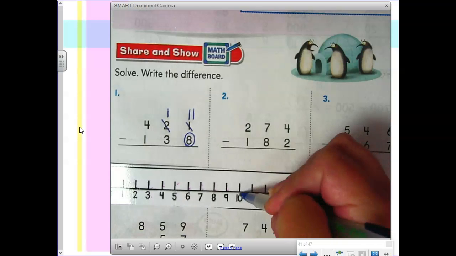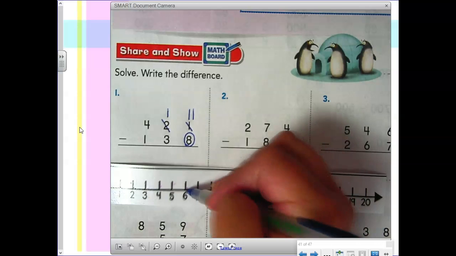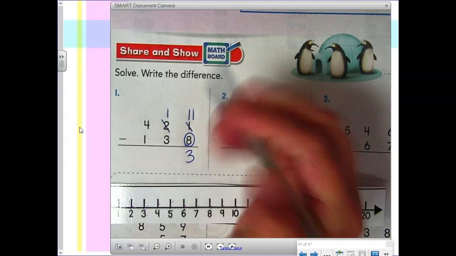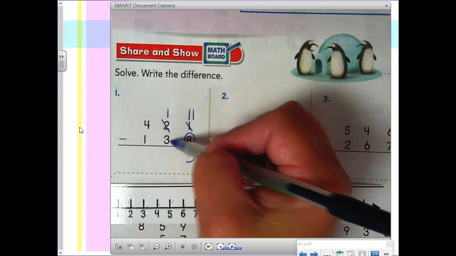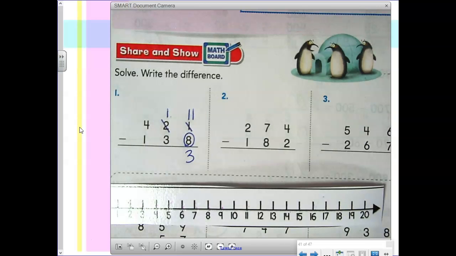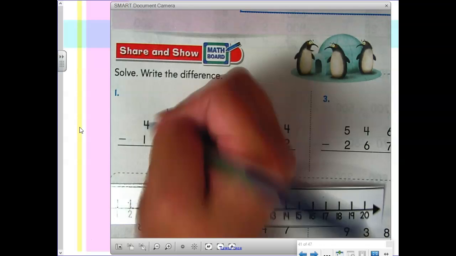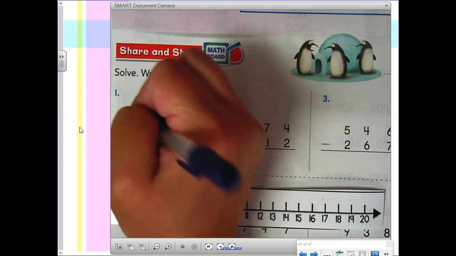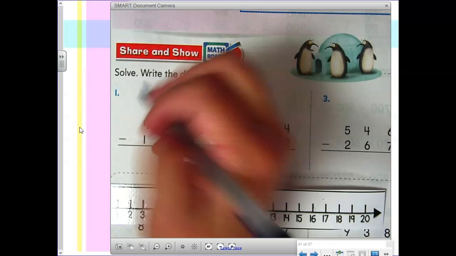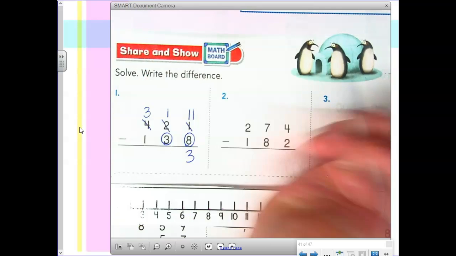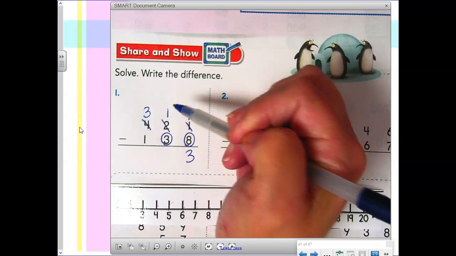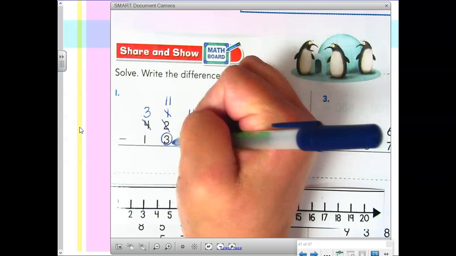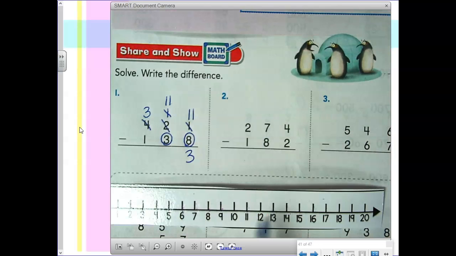Back up 8. 1, 2, 3, 4, 5, 6, 7, 8. We're at 3. All right, now we have 1 minus 3. Can we do that? No, because our big number is on the floor. So we have to go next door and grab 10 more. That 4 turns into a 3. Now let's add 10 to it. 1 plus 10 equals 11. 11 minus 3. 11.